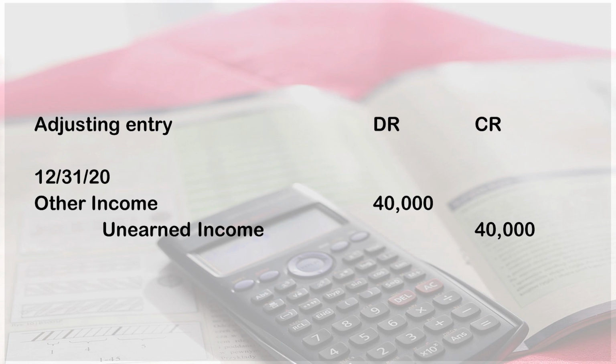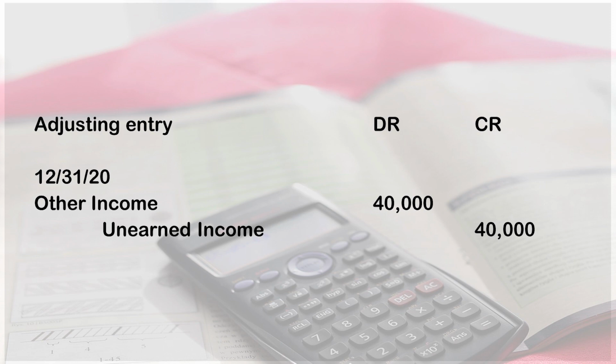This time in recording the adjusting entry, we now apply the exception to the general rule. The exception is that in order to make a correcting entry to reflect the correct income, there should be a posting of debit other income as an adjustment.